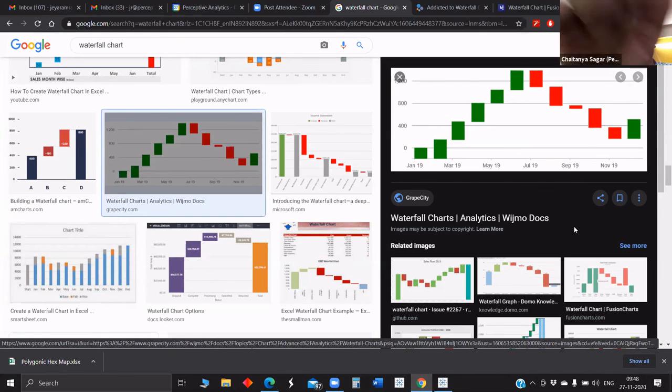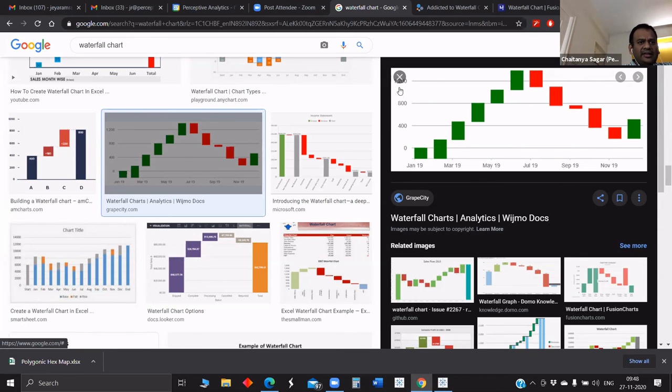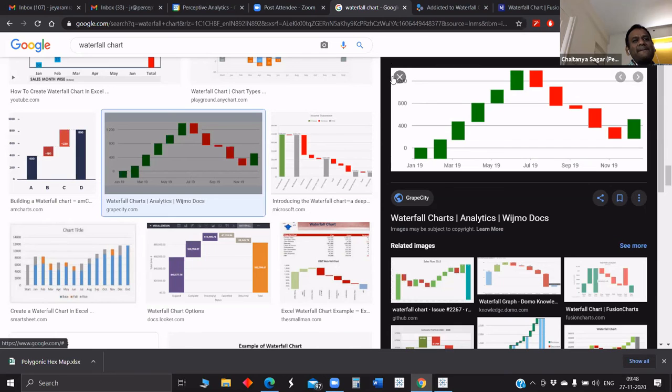But in every place it is taking the same route: it keeps going up, then after that keeps going down, and at the end there is a green again. I think we probably covered whatever we could see.